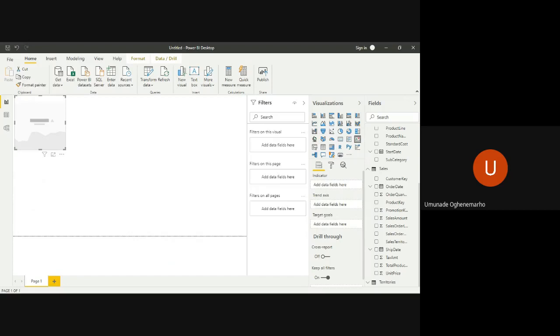A KPI and a gauge fall under the same category, and I mostly use gauges rather than KPIs. So I'll just give a surface touch on KPIs, because personally I prefer gauges as they are more efficient for me.